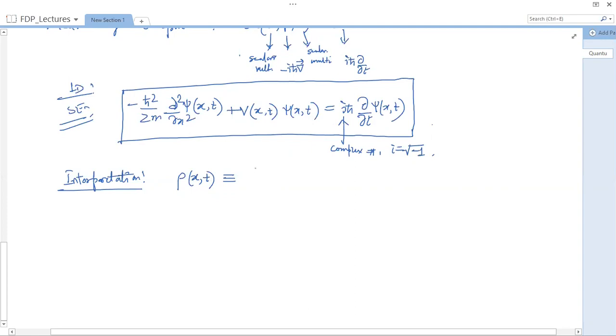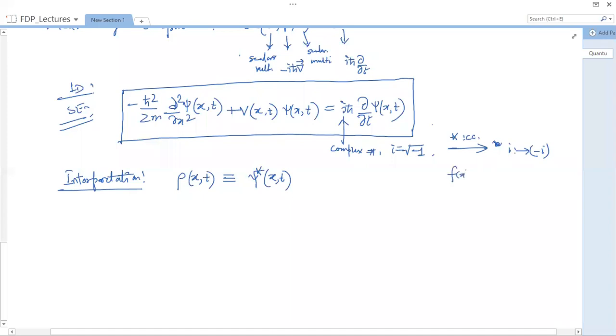So rho of xt is defined by the complex conjugate of this function psi of xt, and this is the complex conjugation operator. And the complex conjugation operator is again: wherever you have I, you will replace that with minus I in the function.